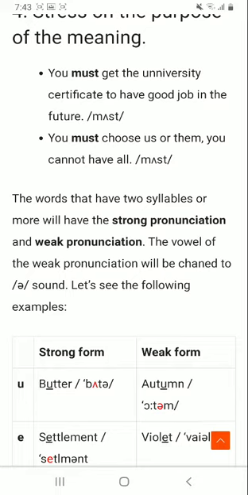The words that have two syllables will have both a strong pronunciation and a weak pronunciation. Single-syllable words will always have the weaker form, but two-syllable words will have the strong pronunciation as well as the weak pronunciation.